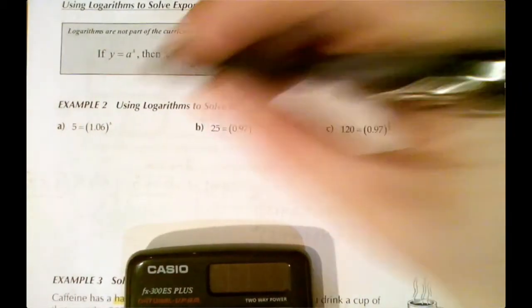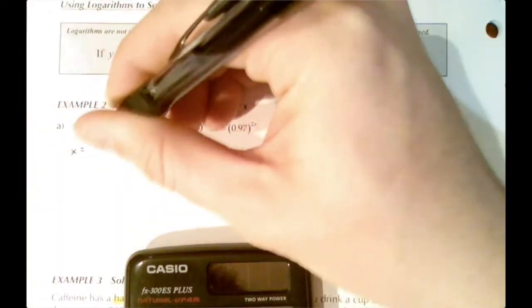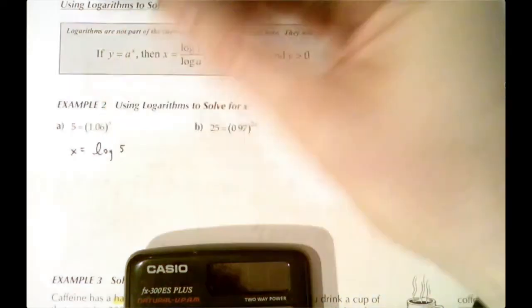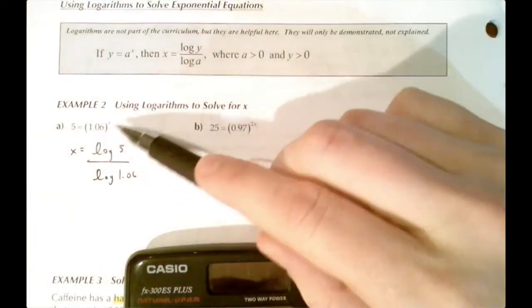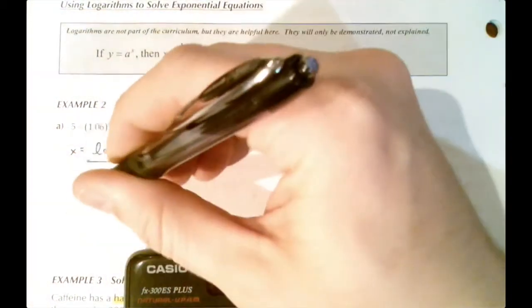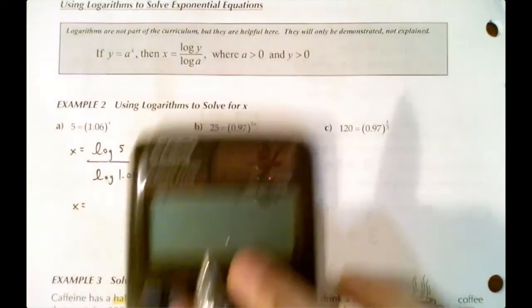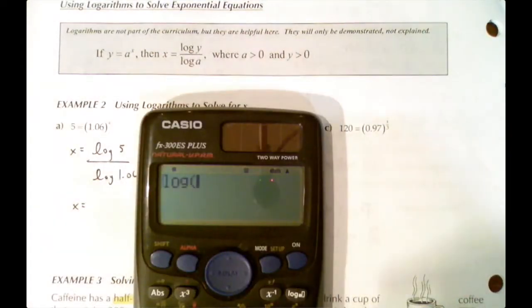So if we want to solve for this exponent, x, we can do that by doing log of 5 divided by log of 1.06. So log of the number divided by log of the base. And in a calculator, that would give us log of 5 divided by log of 1.06.